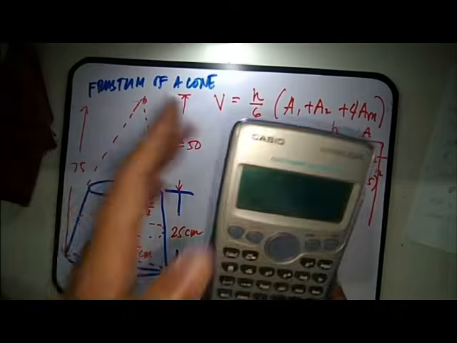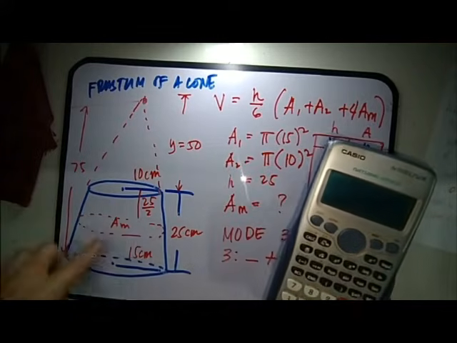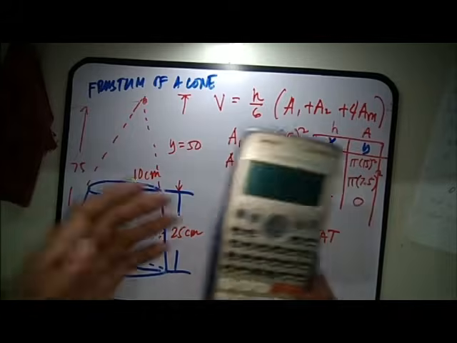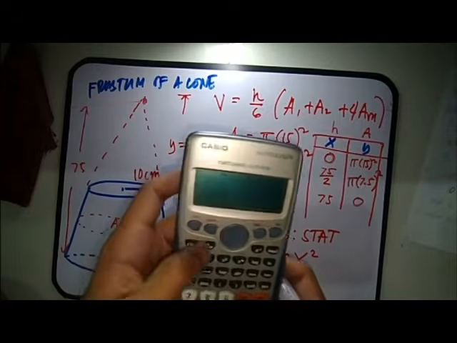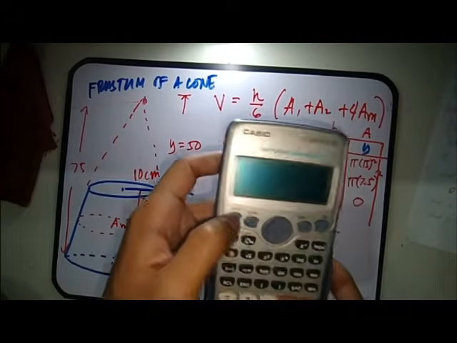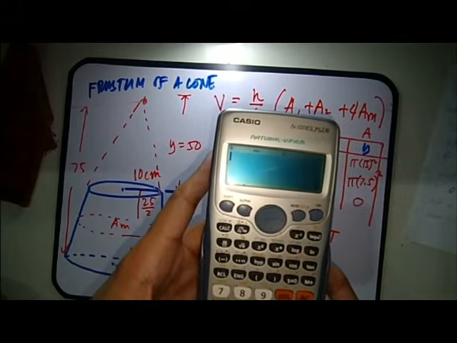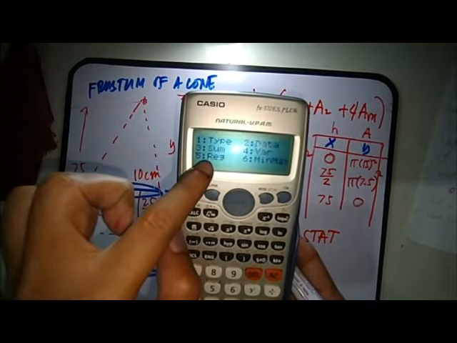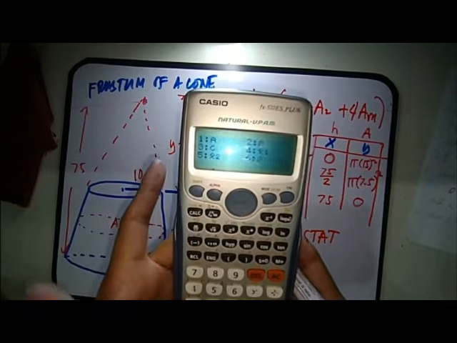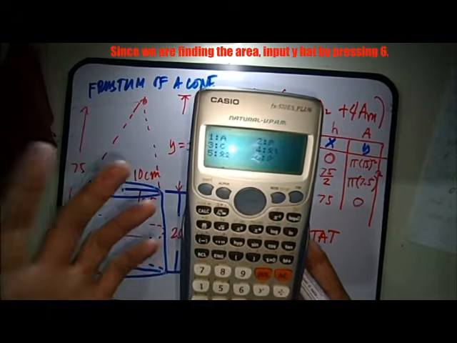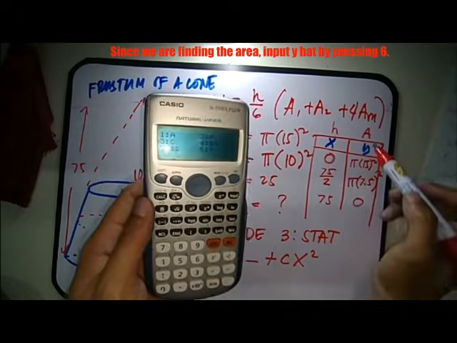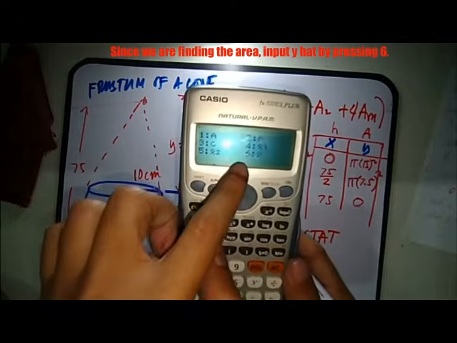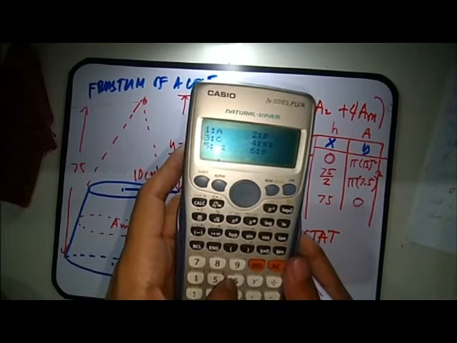So pwede natin gamitin yung calculator technique para mahanap natin yung mean area. So it will save us more time. So let's say, shift, start, 1. Then punta tayo sa regression, 5. Then ang hinahanap natin is area. So since diba ang area natin is nasa y, so yung y hat doon. So 6.